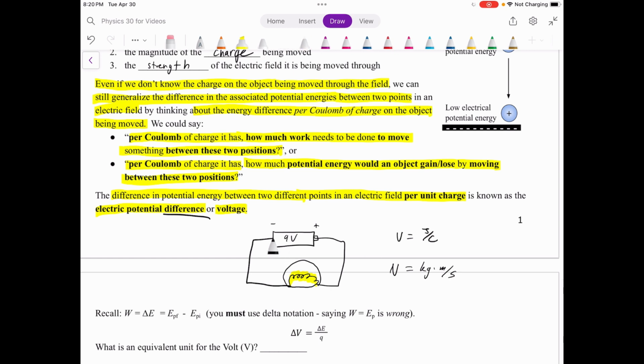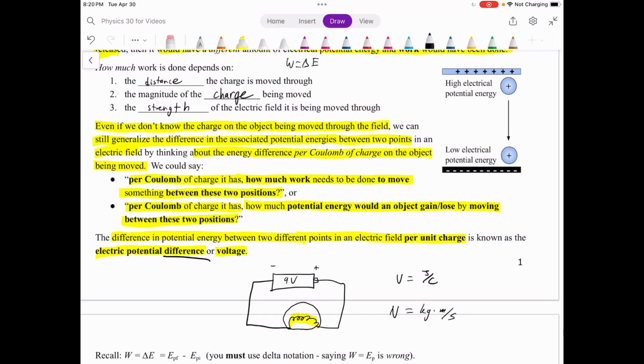So an electron doesn't have 1 coulomb of charge. We know it has 1.6 times 10 to the negative 19 coulombs of charge. But we could figure out how much potential energy an electron would lose by going from here to here by taking its charge and multiplying it by the number of joules it will lose for every coulomb of charge it has. And that's what a 9-volt battery means. It means for every coulomb of charge, they will lose 9 joules of potential energy by going from here to here.